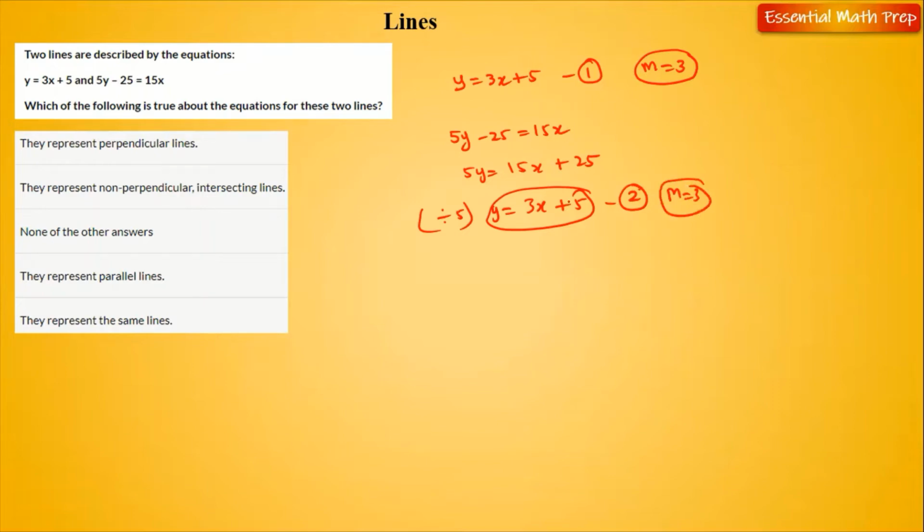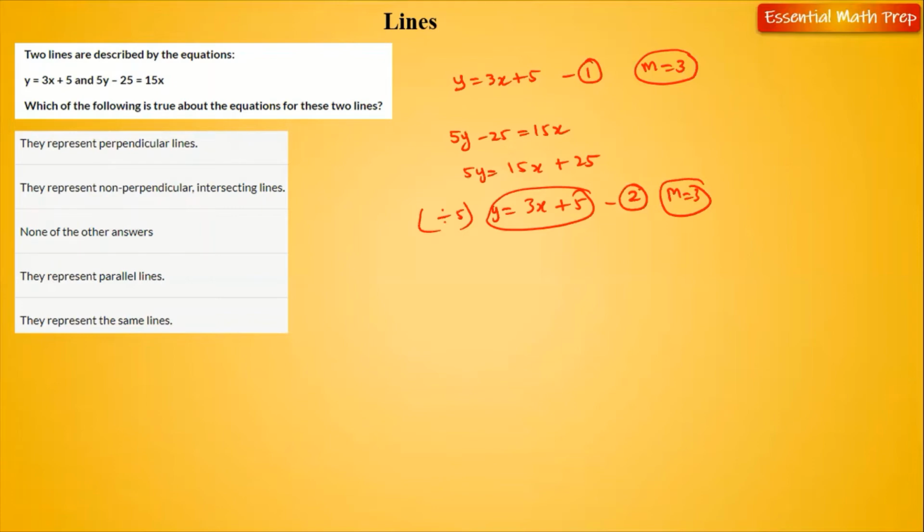Now, when you say two lines are parallel, we are implying that only the slopes are the same, the intercepts are different. When we say two lines are perpendicular, that means their intercept will also be different and their slope will be a negative reciprocal. But in this case, the two equations are mirror images of each other. That is, they're exactly the same. They're identical.